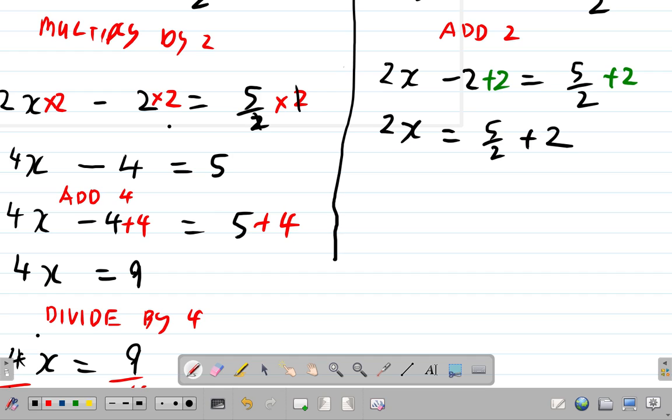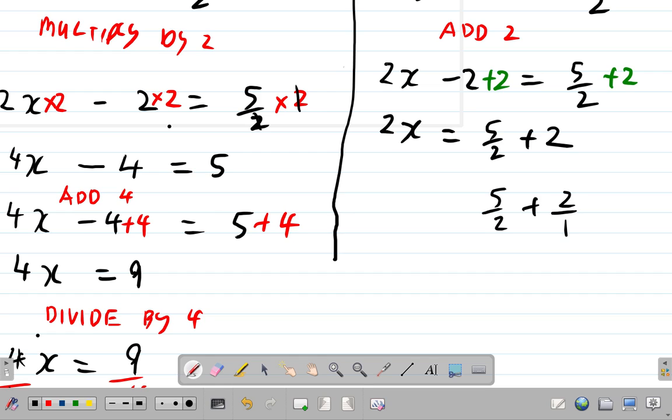So remember, the reason why I multiplied by 2 before is to get rid of the fractions. The fractions will make it a bit more complicated. But here, I didn't get rid of the fraction this time, so we have to just work with it. 5 divided by 2 plus 2. Let's simplify this.